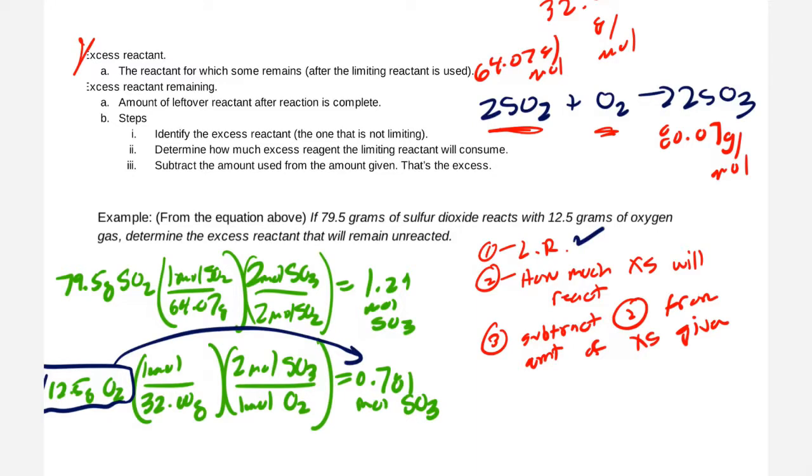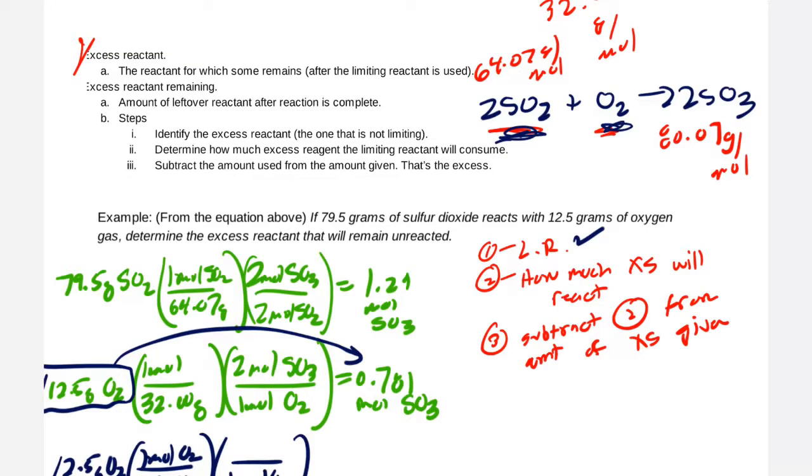Now, I'm going to figure out how much excess will react with my limiting reactant. So here I go. This is step 2. I like the color of that blue, so I'm going to go 12.5 grams of oxygen. I'm going to convert that to moles. Then I'm going to look at the ratio between oxygen and sulfur dioxide by looking at the coefficients.